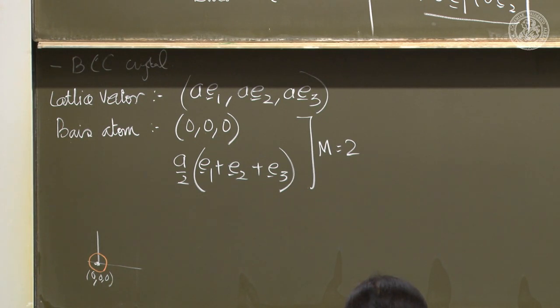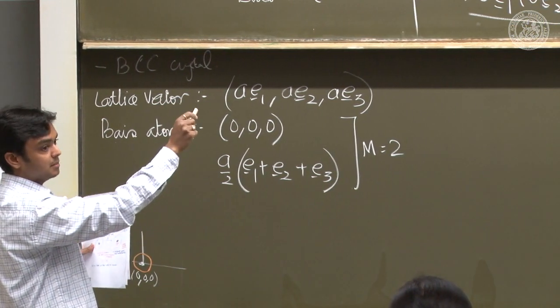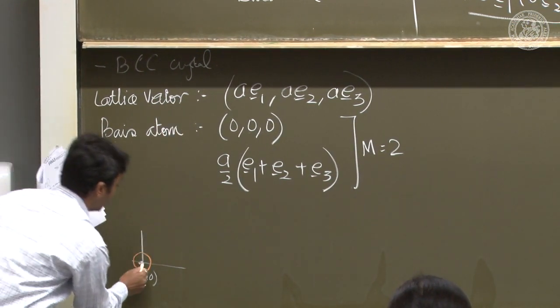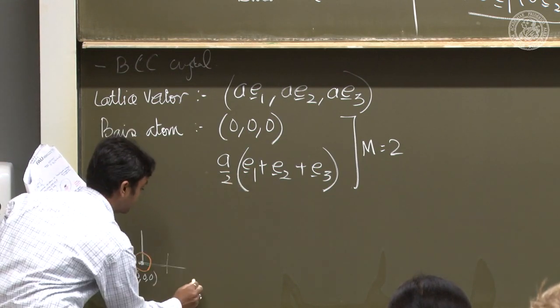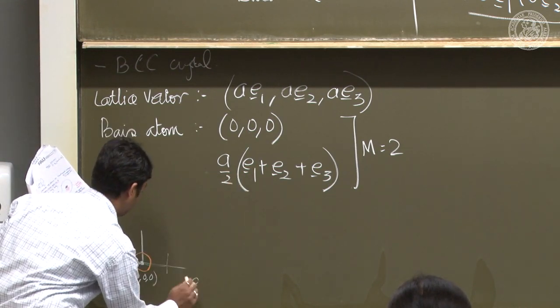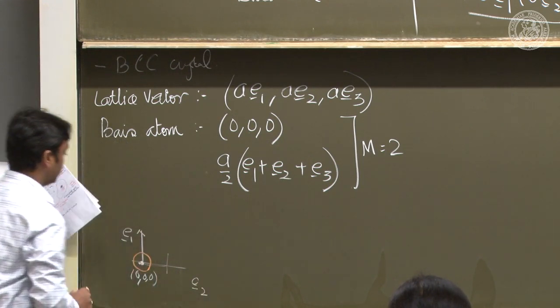Now the next is we need to put the second atom. The second atom is half of this distance, half e1. So this is e2, this is e1.